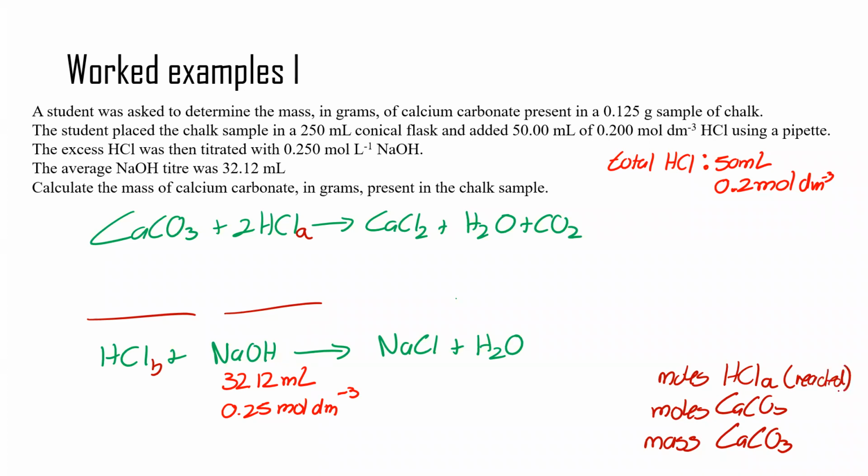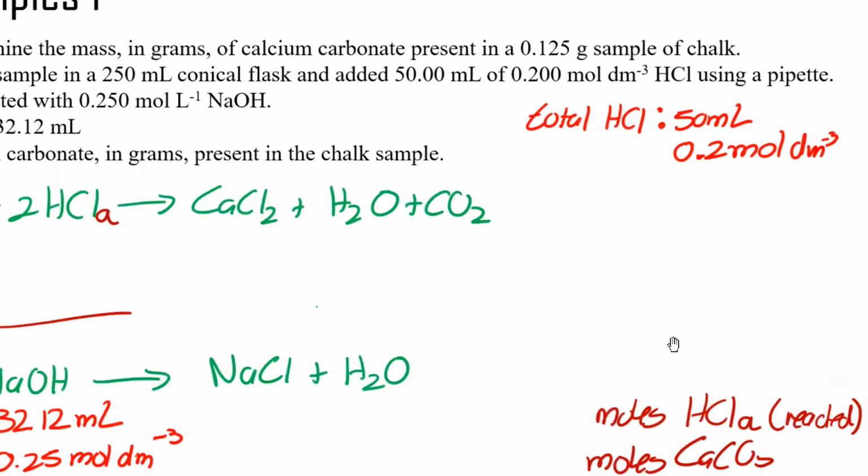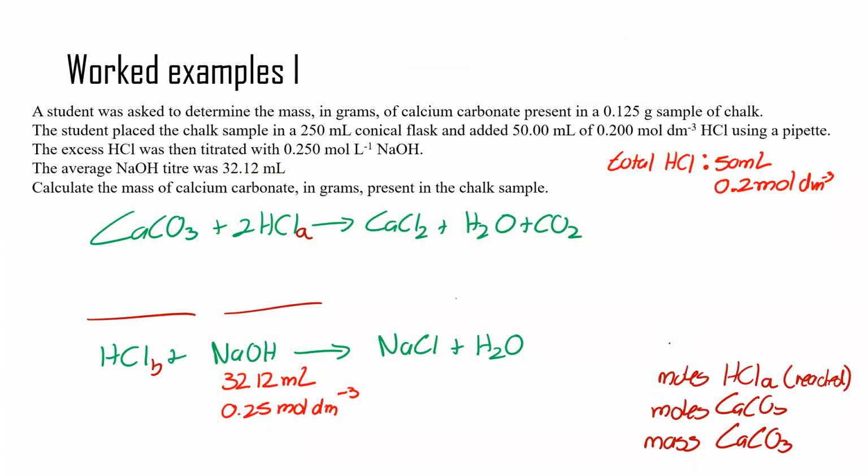To find the moles of HCl A, we must also find total moles of HCl, and we must also find excess HCl B. That would be this one down here.